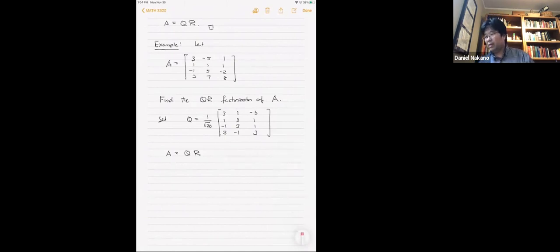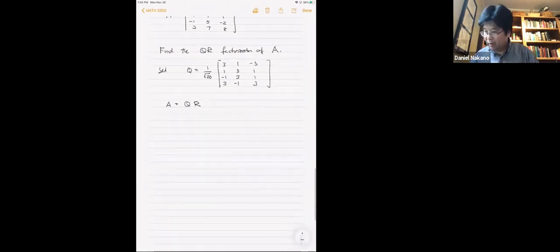So here's the point. It's almost like an inverse. If it was square, everything would be good. So now multiply both sides by Q transpose.